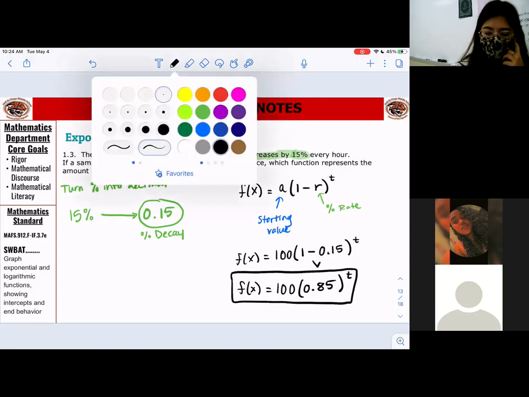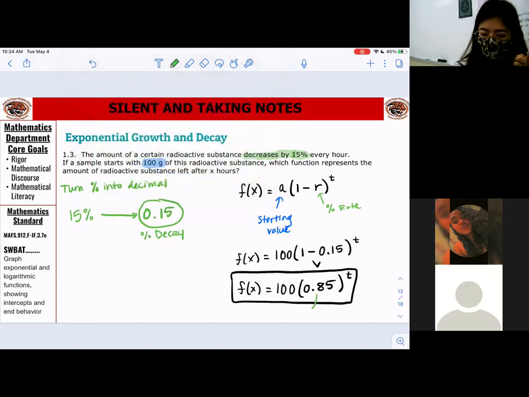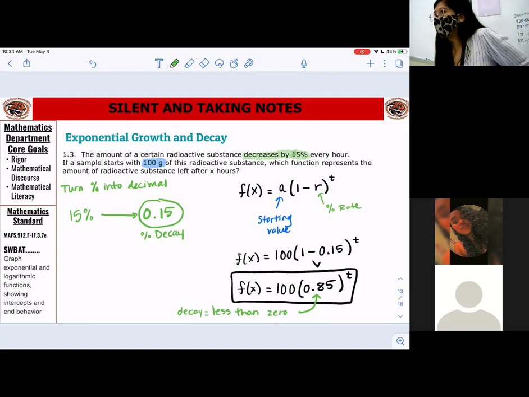Now remember that when you're decaying, I think Lauren said it a couple minutes ago, if the number is less than 1, that's how you know you have decay. So decay is when that number is less than 1. If that number is greater than 1, what's happening? Growing or decaying?